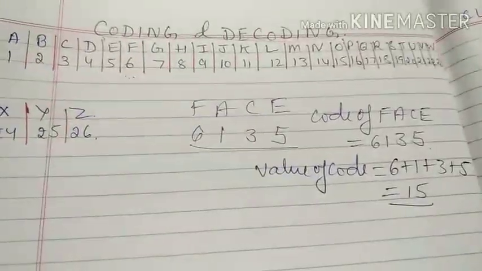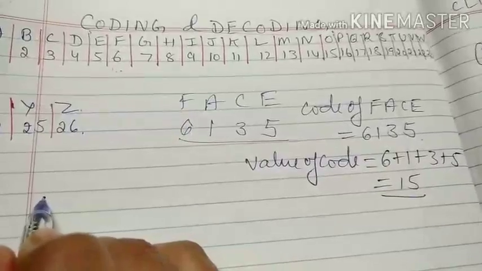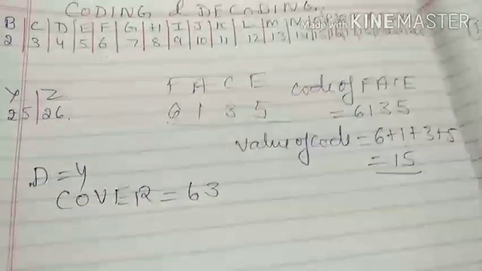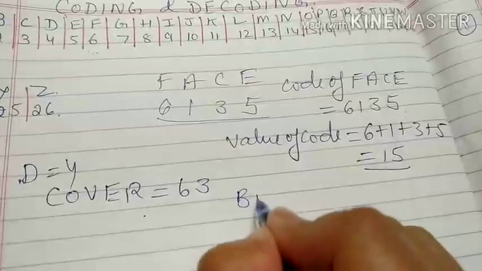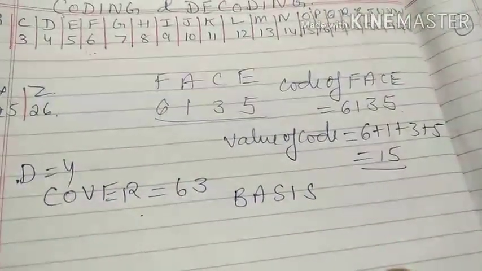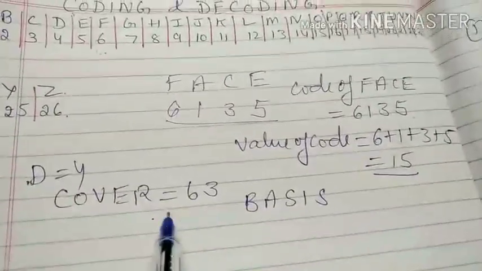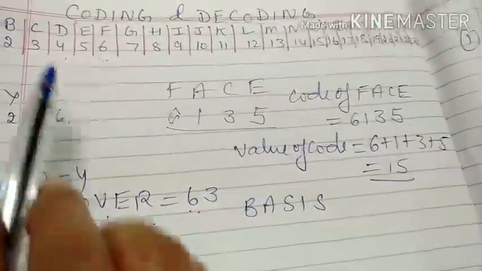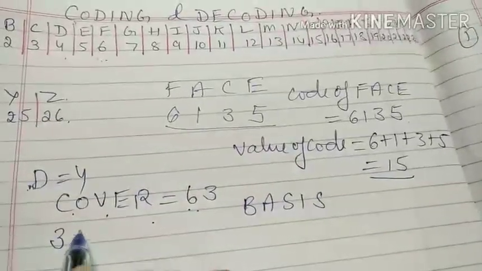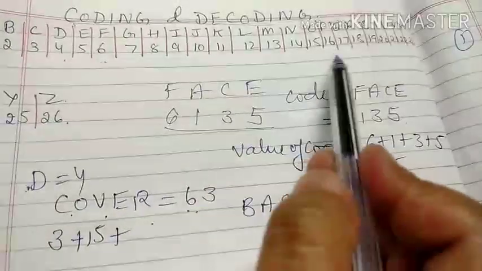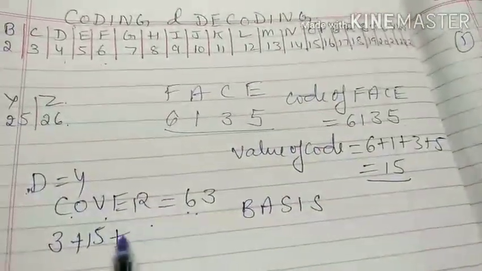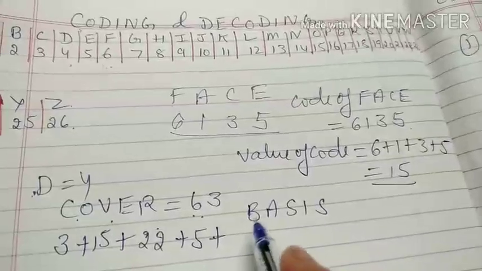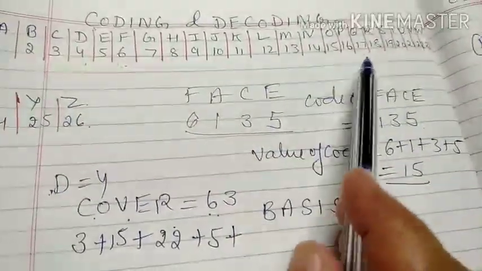In this regard, suppose I am given that D is equal to 4 and COVER is equal to 63, and I have to find the value of BASIC. How does COVER become 63? Check each letter: C value is 3, O is 15, V is 22, E is 5 and the last letter R is 18.